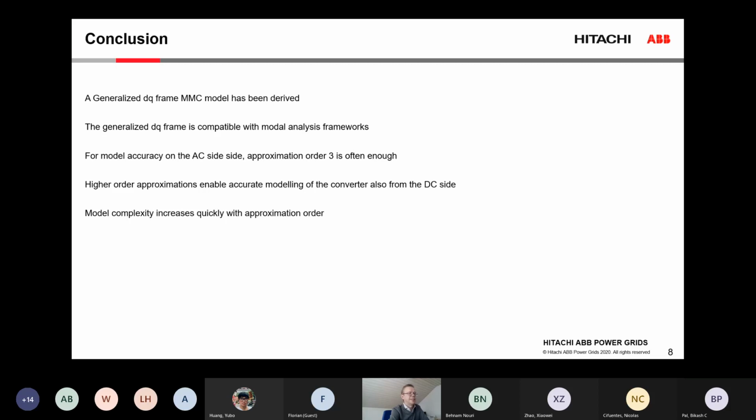Otherwise we could get away with using approximation order 2. And when you start getting many of these models in the same simulation, of course the deciding factor is that eventually things get too complex if you increase the approximation order too much.